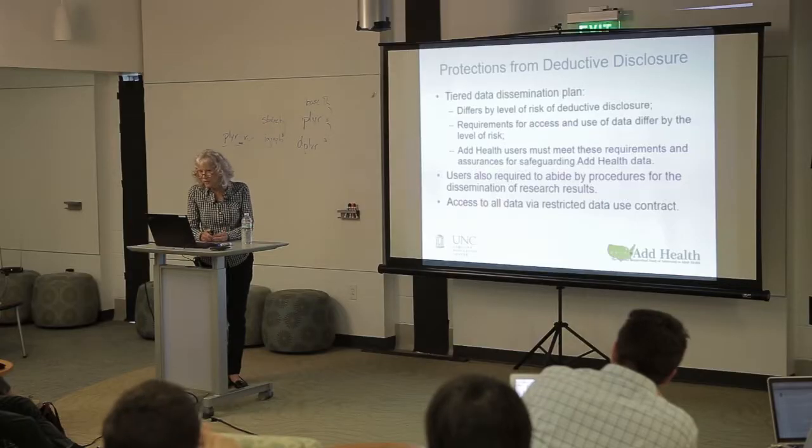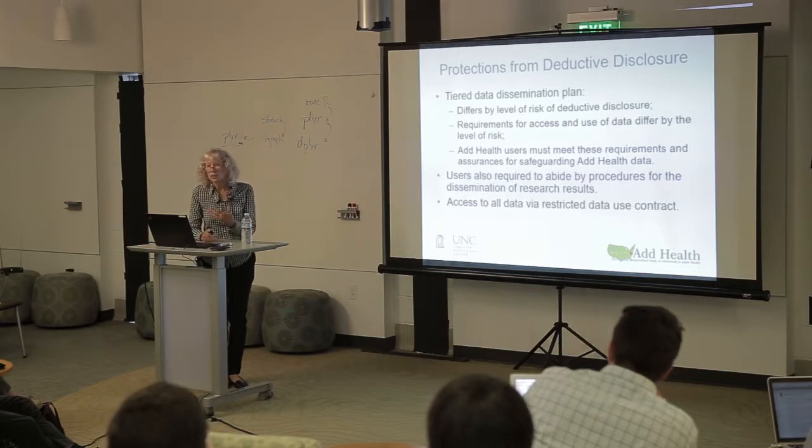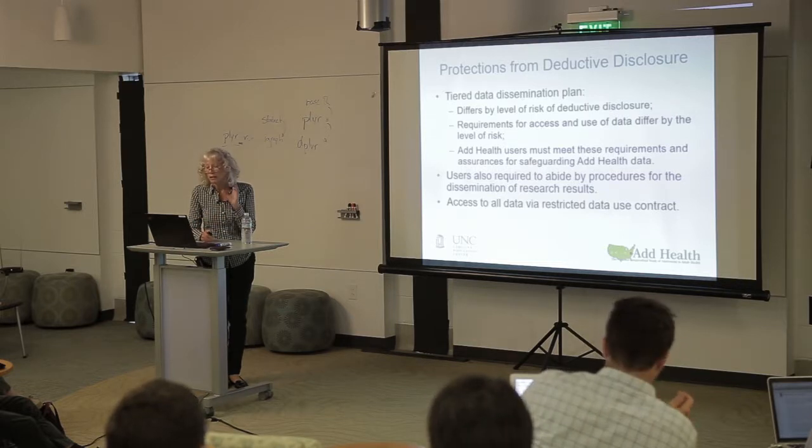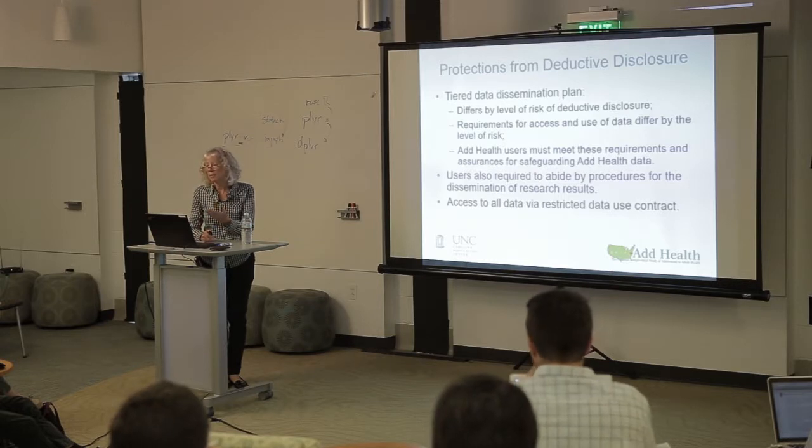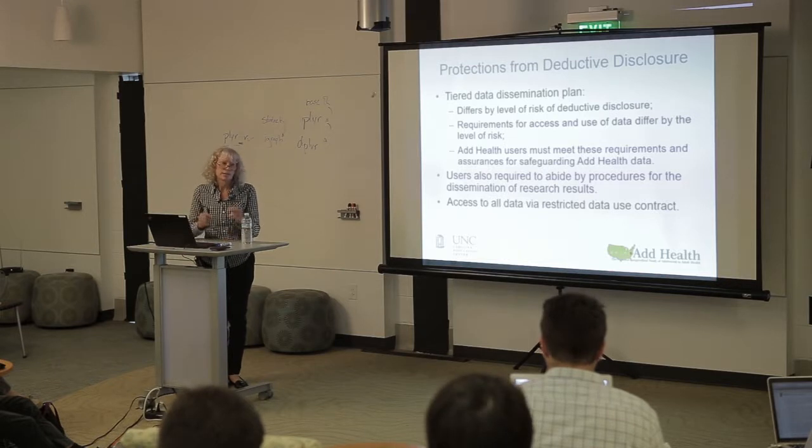Researchers are not going to be doing this, so we're not really that concerned about researchers trying to do that. One of the other criteria that we have is that we only disseminate our data to researchers, right? Not parents or school administrators.